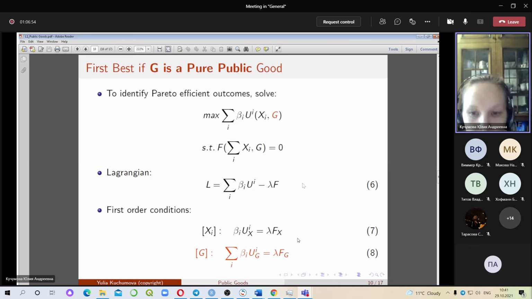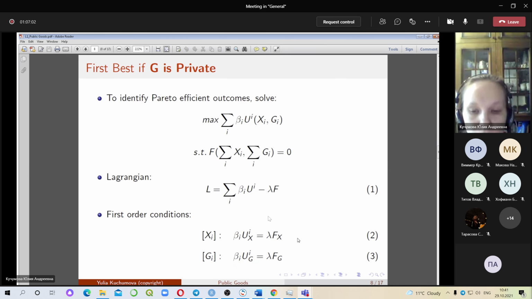Yes. And in our previous example, every u_i depended on exactly its own g_i, not on the same one. Yeah, you need to imagine that if it's a private good, you have your own apple, you eat your apple, and nobody else eats the same apple.